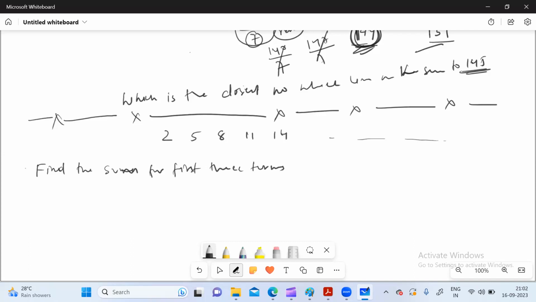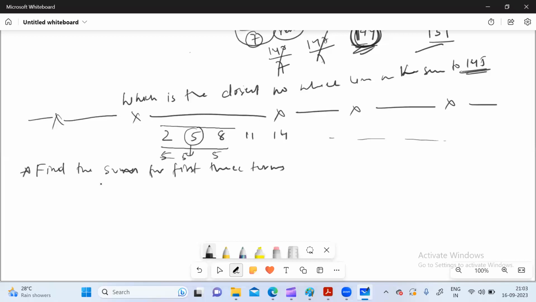So what will you think here? You will think that these 3 terms are in arithmetic progression, then the average of these 3 terms will be the middle one, the value which lies in the middle. And the sum of averages is the same as the sum of the numbers.